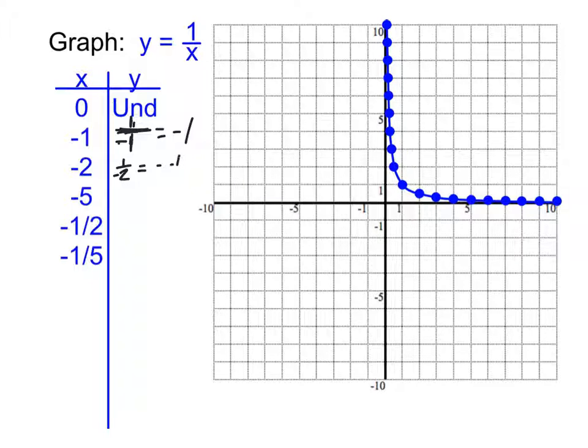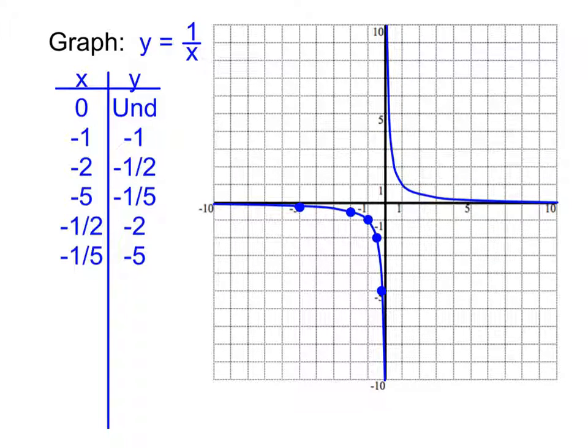Well, that's just a -1/2. Same kind of thing with the -5. That gives us -1/5. The -1/2. Well, remember, 1 over 1/2 gave us 2. So 1 over a -1/2 will give us a -2. It's basically all the same things except that they're negative.